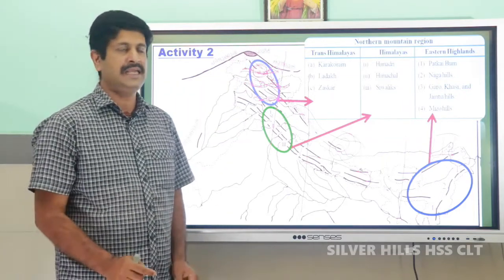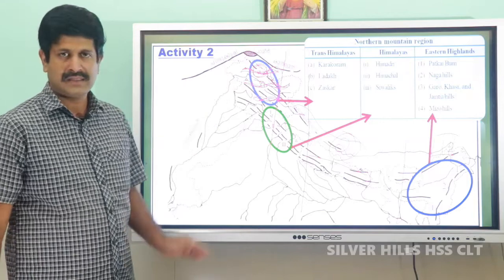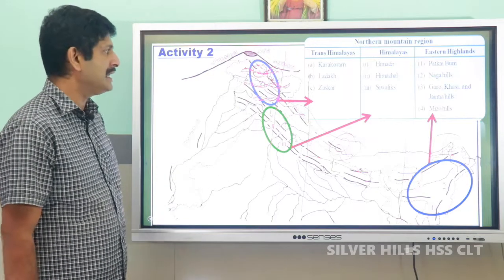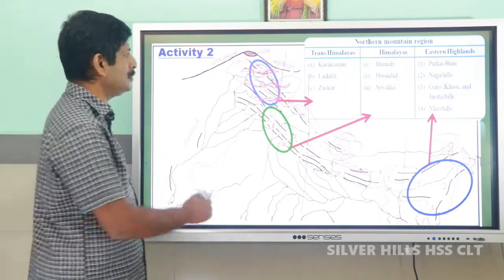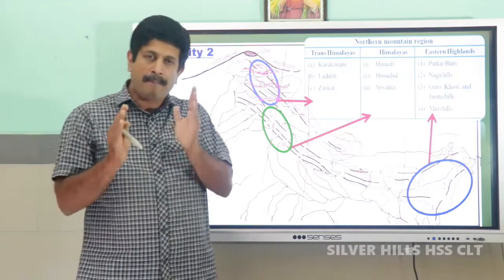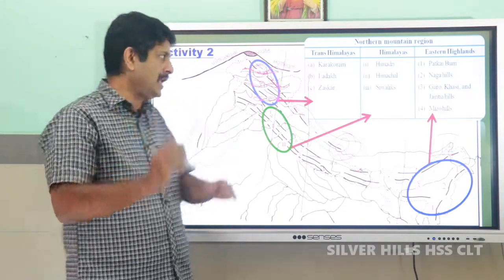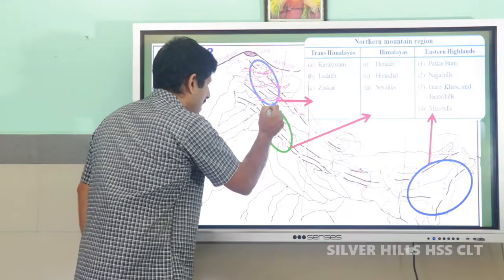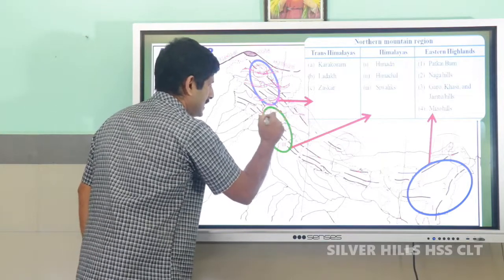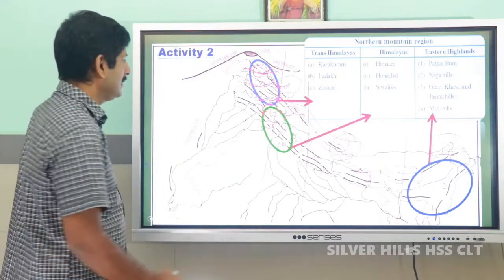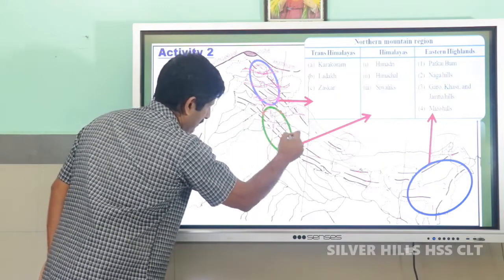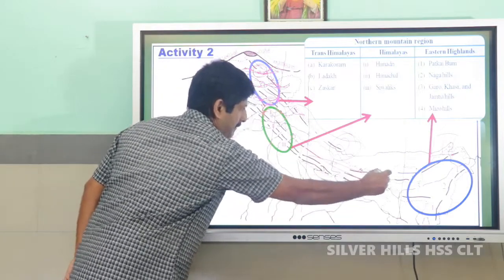The second thing is the Himalayas, and it has been broadly classified into 3. One we call Himadri. Here it is the Himadri, the first one. Here we can see the Himadri till here.